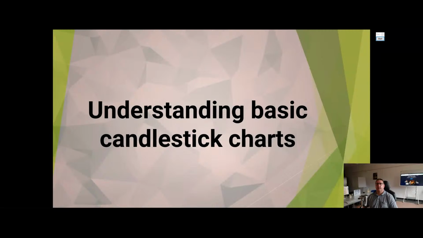And let me share my screen. Okay, great. So our topic for today is understanding basic candlestick charts.